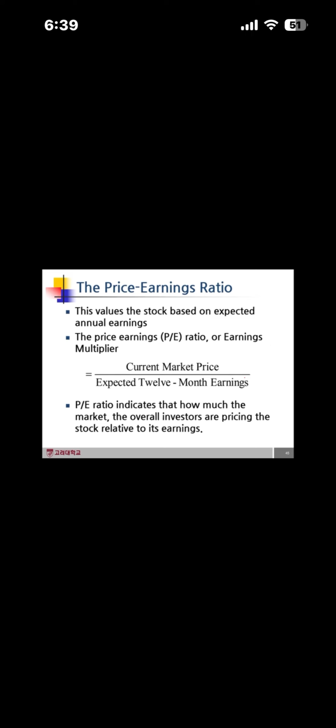Okay, the price to earnings ratio, we call it the PER. This values the stock based on expected annual earnings. The price to earnings ratio, or earnings multiplier, is the current market price divided by annual earnings, which is the annual net income.